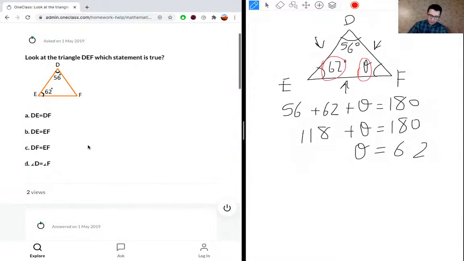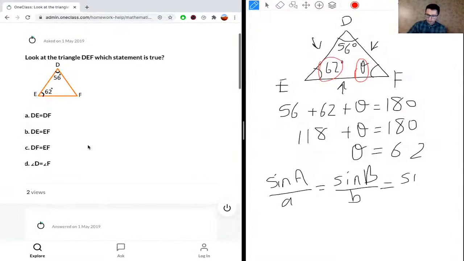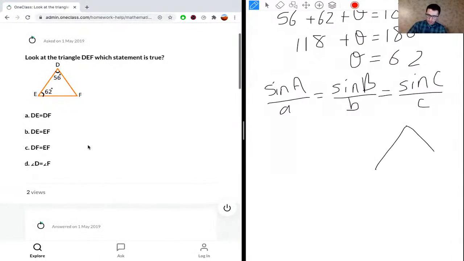The sine law is essentially sine A over A equals sine B over B equals sine C over C. It is for a triangle as shown, so it will be sides A, B, C, and then angle A, angle C, angle B.